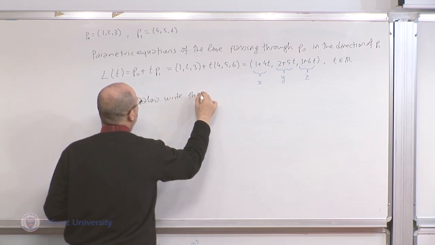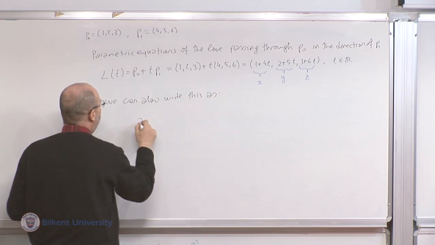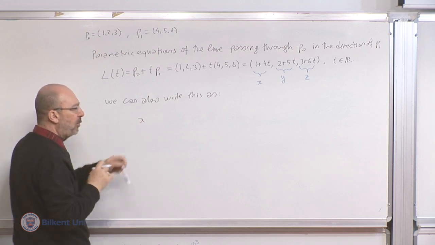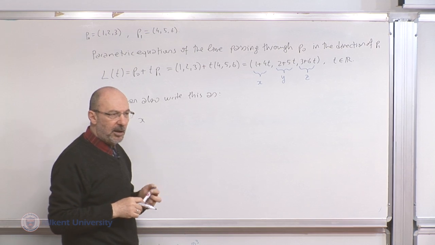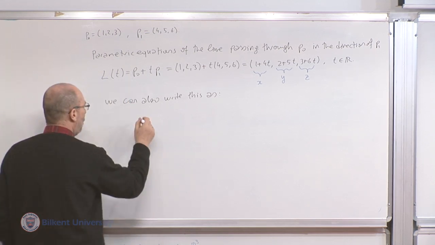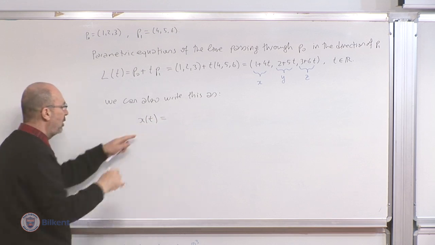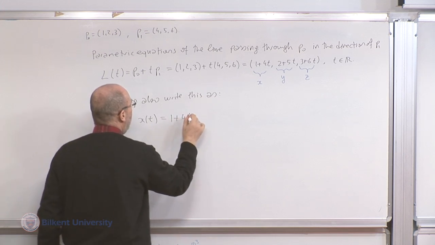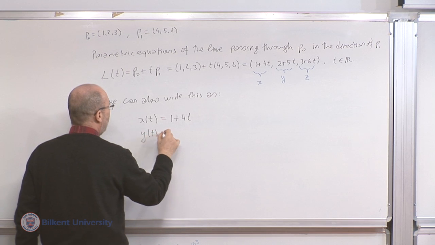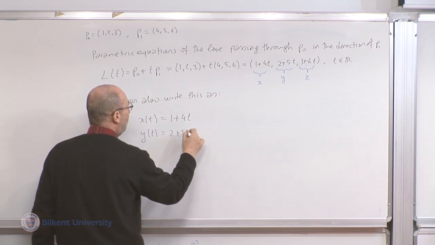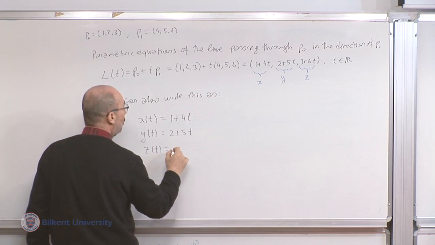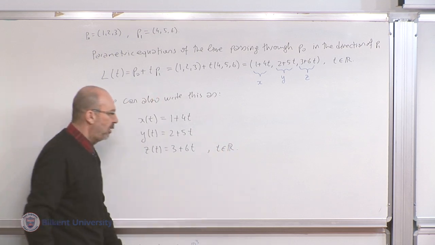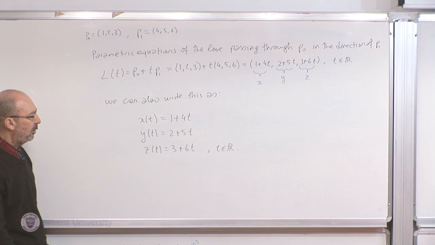In this case, I don't write x equals 1 plus 4t because x depends on t, and I want to remind myself that x is changing as t changes. So I write x of t. This tells me that x is a function of t, which it is: x(t) = 1 plus 4t, y(t) = 2 plus 5t, z(t) = 3 plus 6t, and of course I have to tell myself that t is the real parameter.